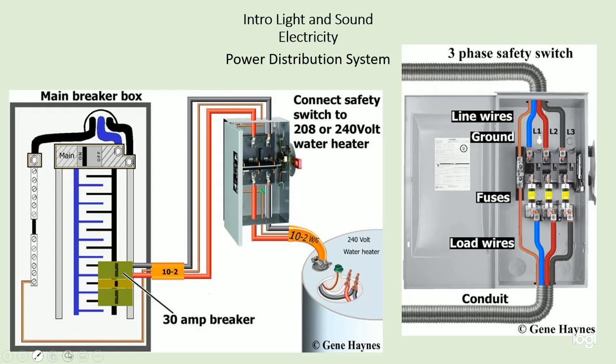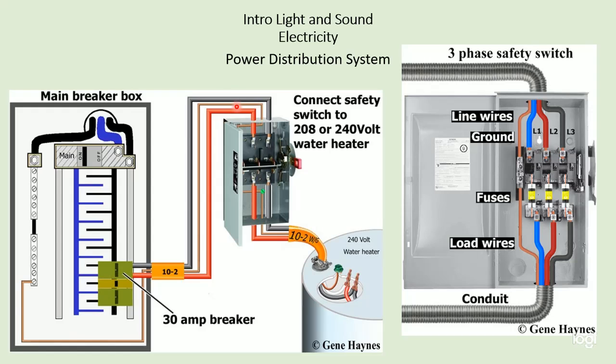Multi-phase power distribution. Again, we spoke about a breaker that occupies two slots. It has a black wire and a red wire, A phase and B phase. Those go to a breaker, or to a disconnect, and that powers your 240 volt water heater, or 208 water heater.